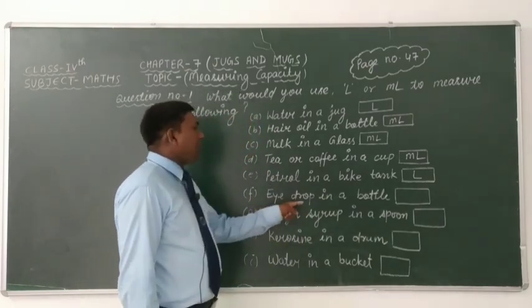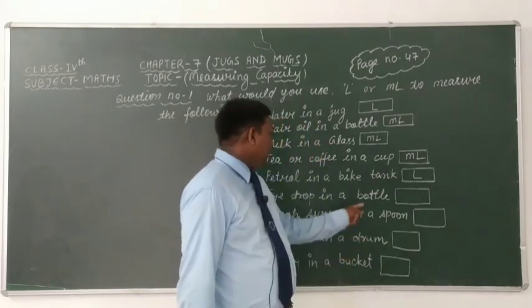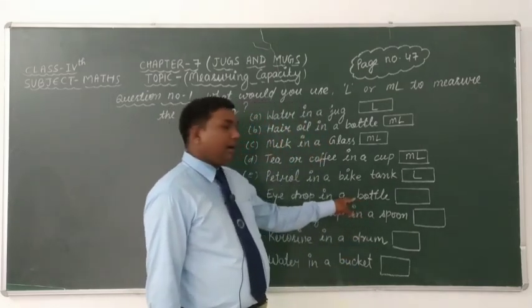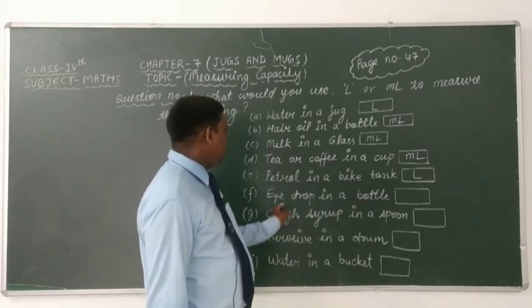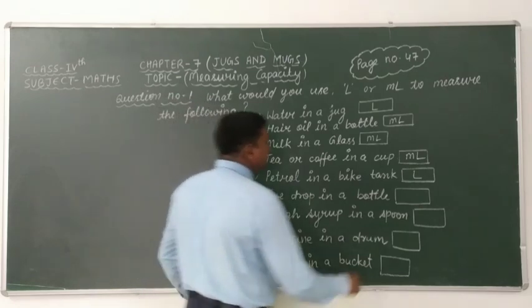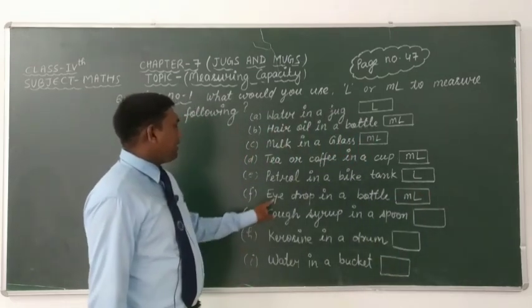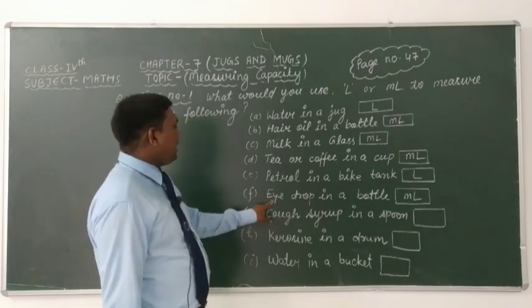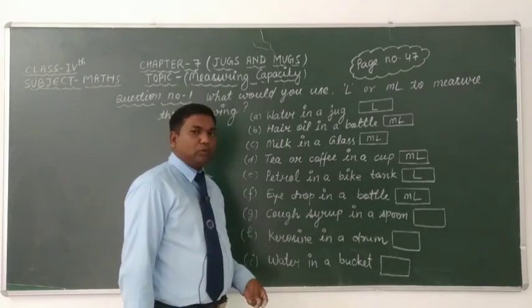Clear? Eye drop in a bottle. This one we know that an eye drop bottle has smaller quantity. Therefore here we use milliliter. It means that here we can write ml to measure the eye drop in a bottle. Clear? Cough syrup in a spoon.